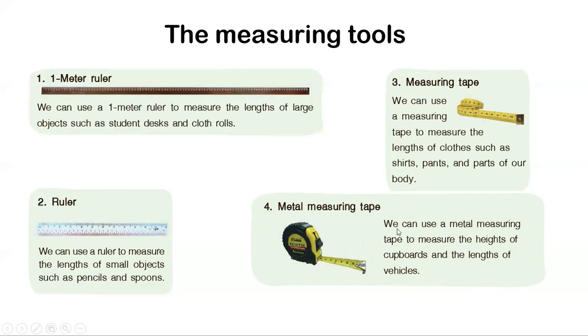We can use a metal measuring tape to measure the heights of cupboards and the length of vehicles. So for things that are long or tall, we need to use a metal measuring tape.